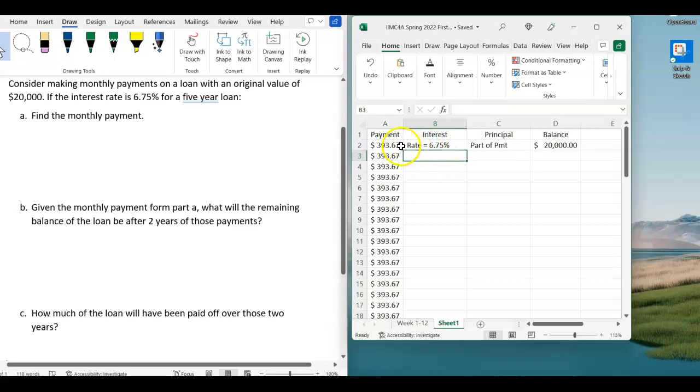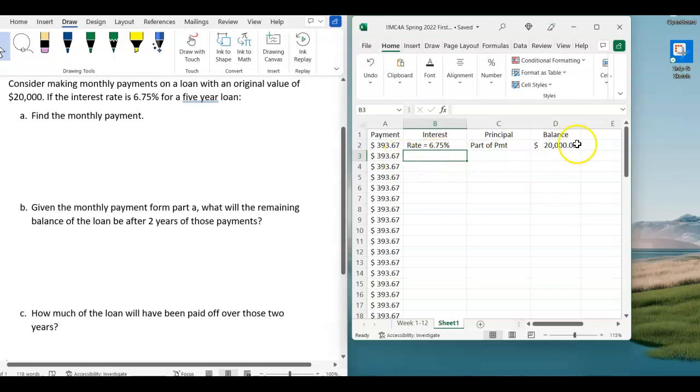We know that we had $393.67 every month. What happens to that money? That's what an amortization schedule allows you to see. It shows how much of each payment goes to interest, how much then remains, after subtracting that, to go to the balance, and then it shows how the balance is decreasing month by month, payment by payment.